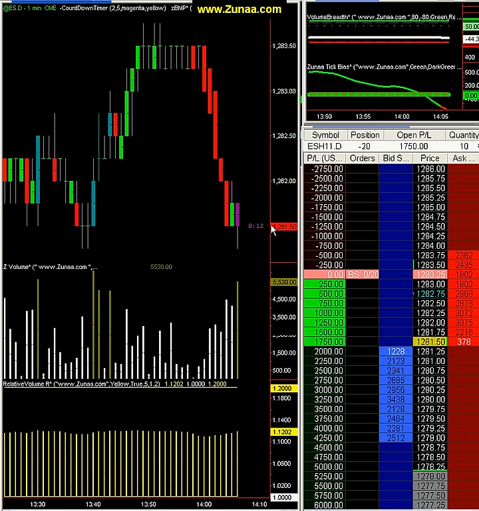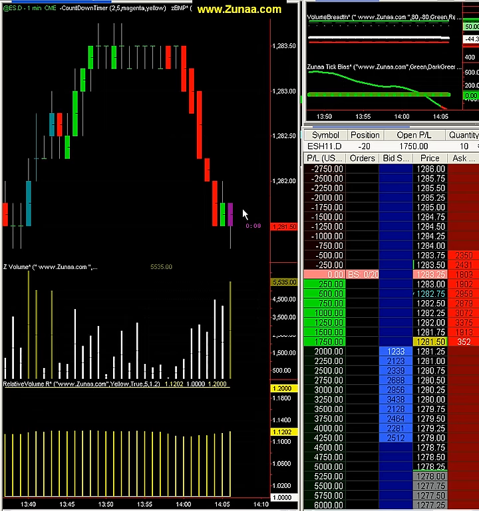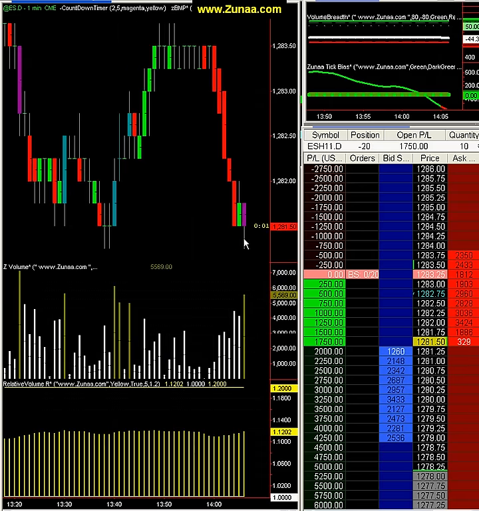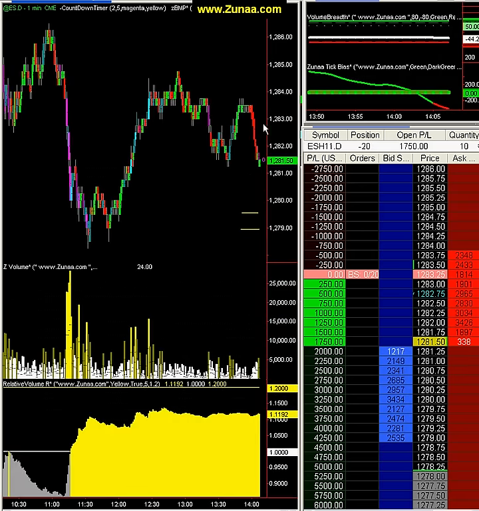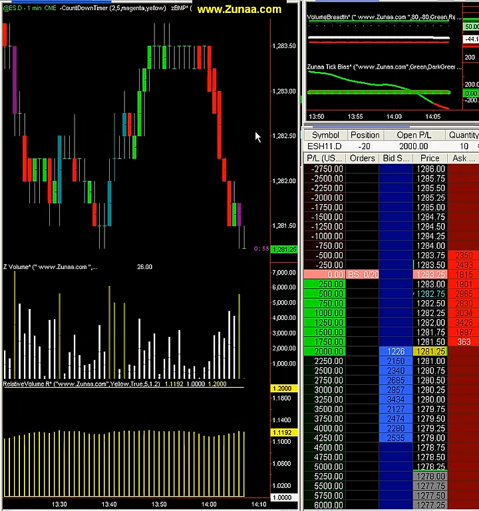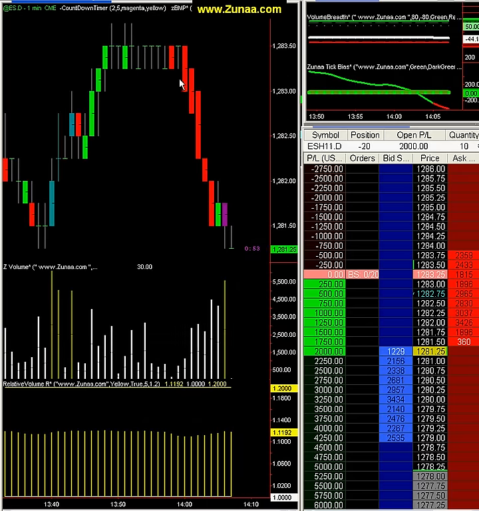Otherwise, if we start hanging around in this area and we cannot push below that area, it will cause me to not consider shooting for the second profit target area down here. So it's also monitoring price action and monitoring volume action to determine the trade management.